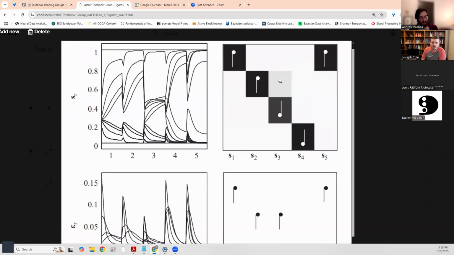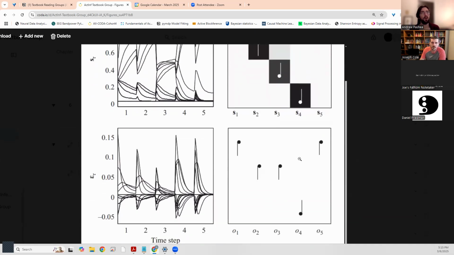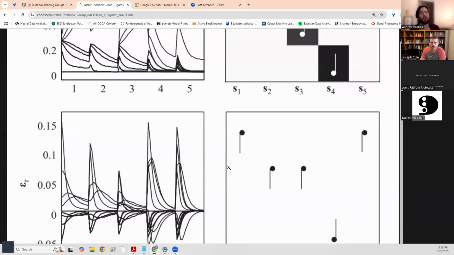There are aspects of this that can seem counterintuitive, but really it's just about grasping that the upper right are their beliefs about states. The lower right is the observations they actually receive. And a good reminder is, in a discrete state space setting, we're not looking at the interim between A and A sharp, some kind of microtonal situation.